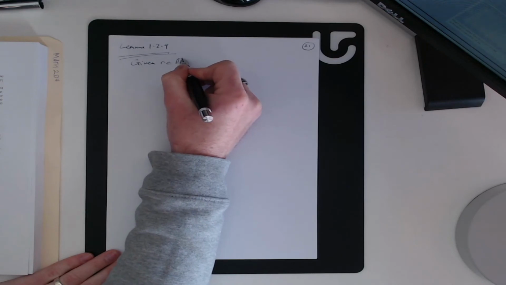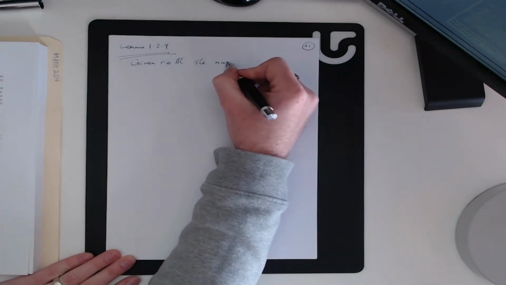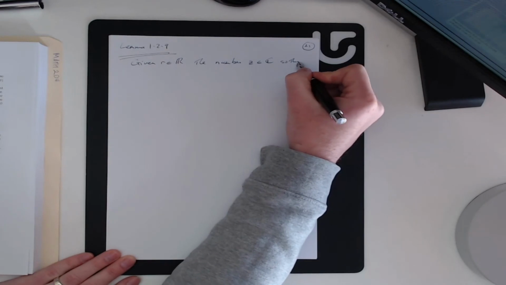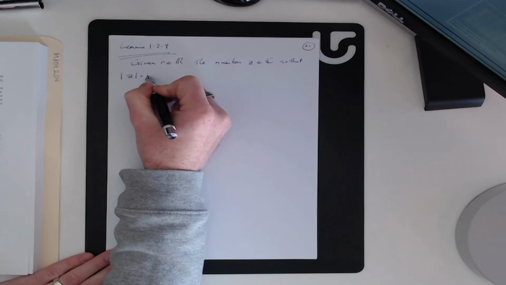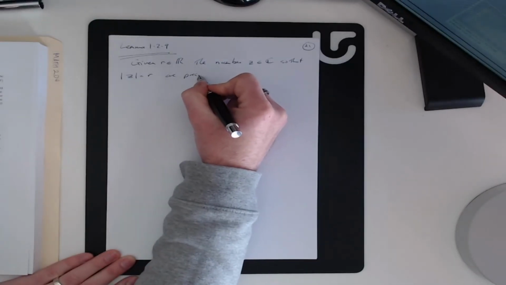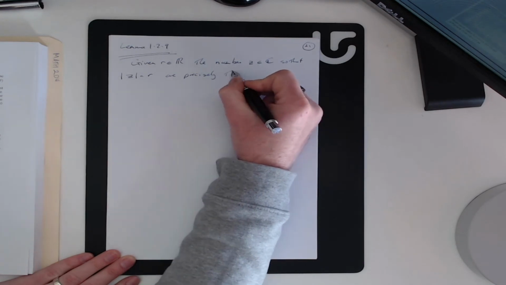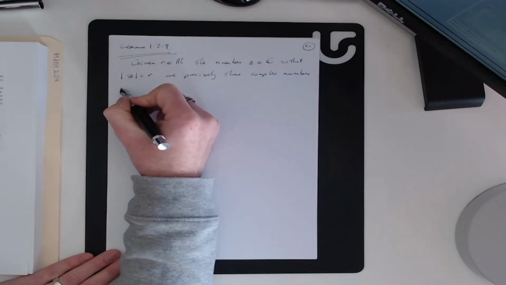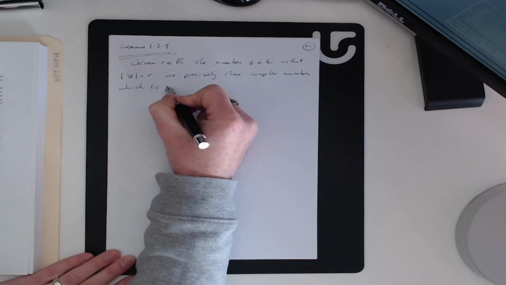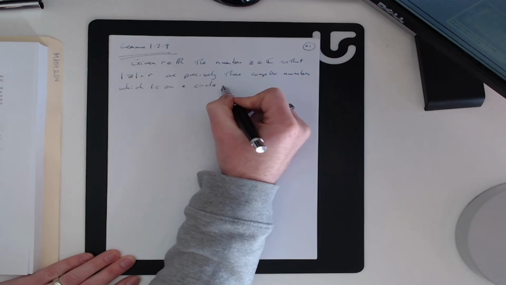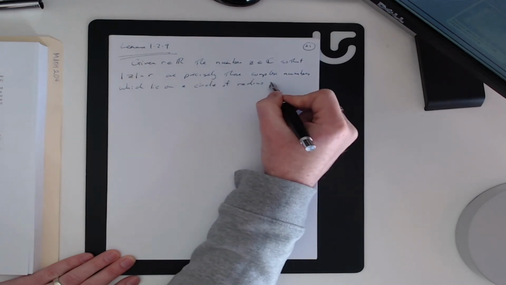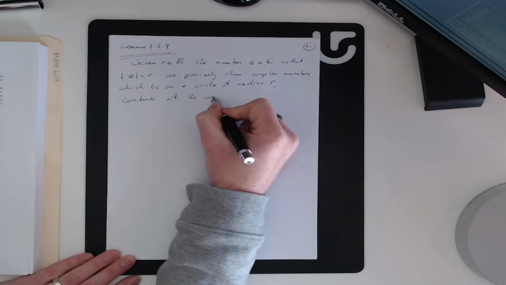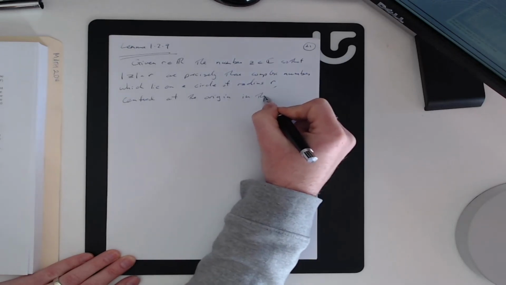Given R, an element of the real numbers, the numbers Z inside the complex numbers so that the modulus of Z is equal to R are precisely those complex numbers which lie on a circle of radius R, centered at the origin in the Argand plane.